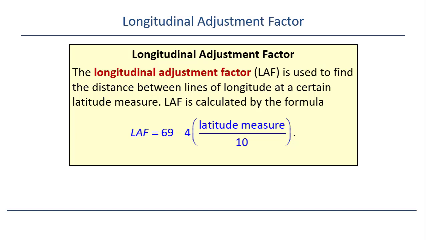Okay, so we have this thing called a longitudinal adjustment factor, and it's used to find the distance between lines of longitude at a certain latitude measure. Because, if you remember from the picture, lines of longitude are not parallel. Lines of latitude are.